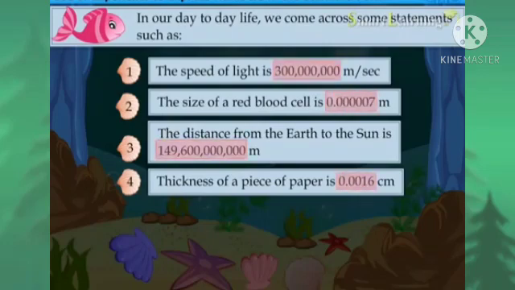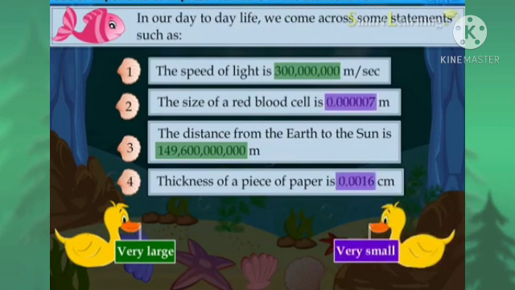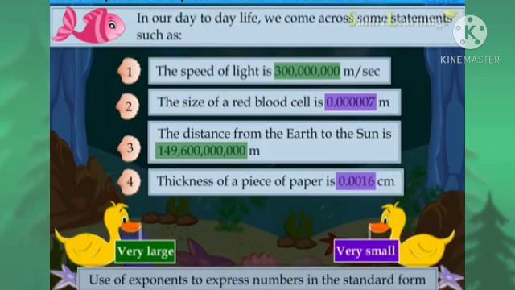Observe the numbers in these facts. These two are very large, whereas other two are very small. In both the cases, it is difficult to read them. In such cases, we can make use of exponents to express them by writing them in the standard form.